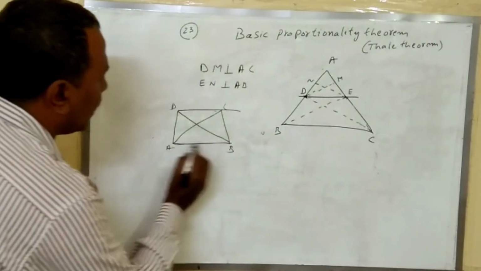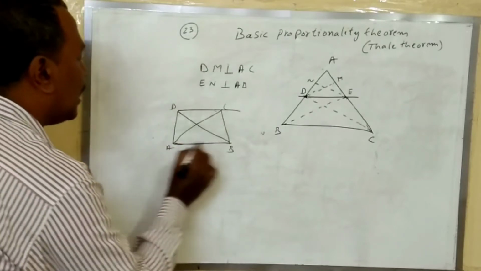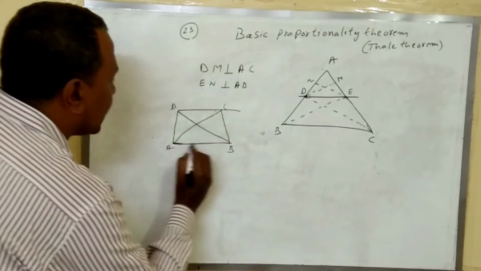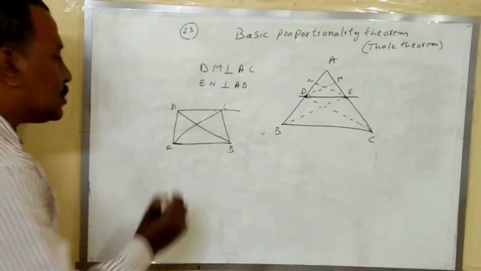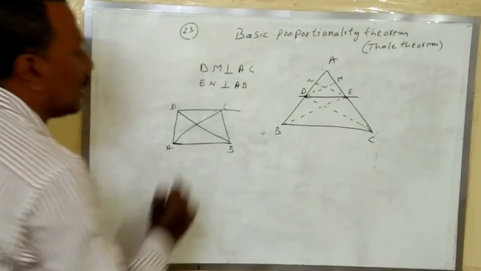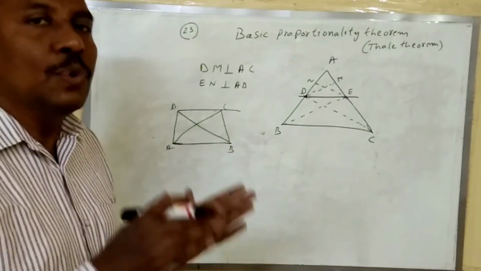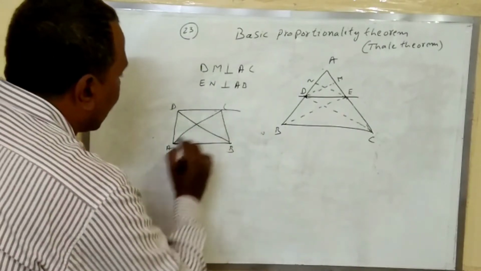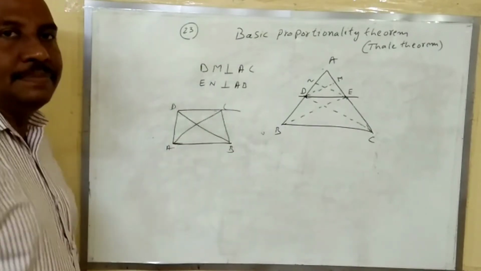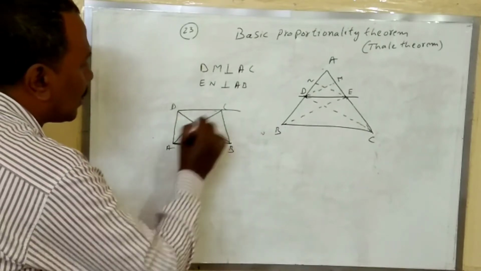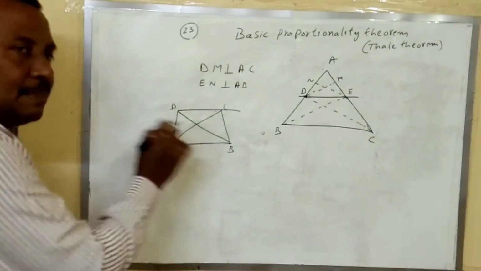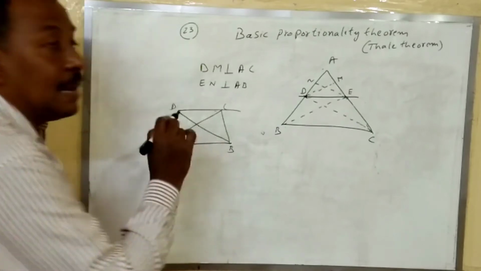Here the triangle ABC and triangle ABD are on the same base, and these two triangles are in between the two parallel lines. AB and CD are parallel. These two triangles are on the same base and in between two parallel lines, so they always maintain equal area.